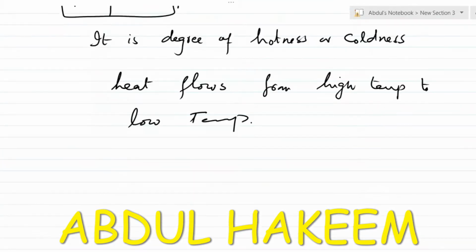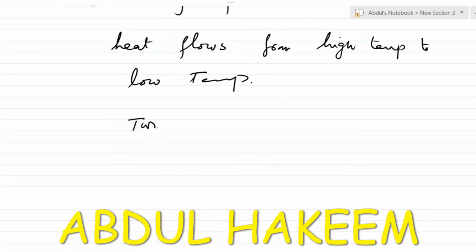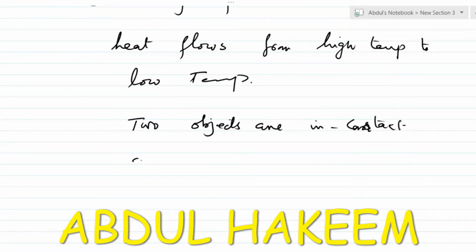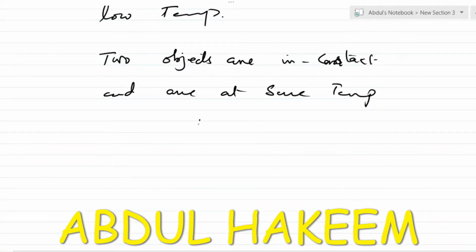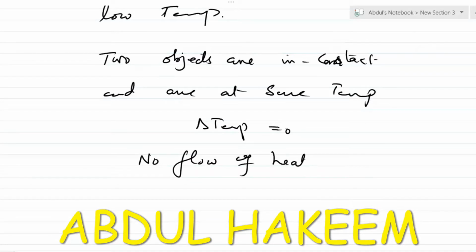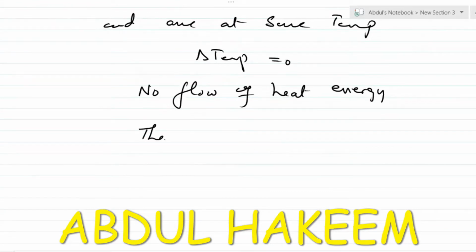But when two objects are in contact, and are at same temperature, mean temperature difference is 0, then no flow of heat energy between them, and this situation is called thermal equilibrium.